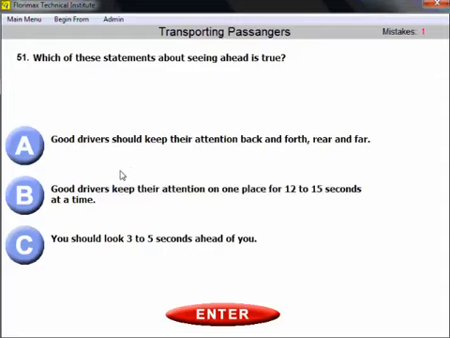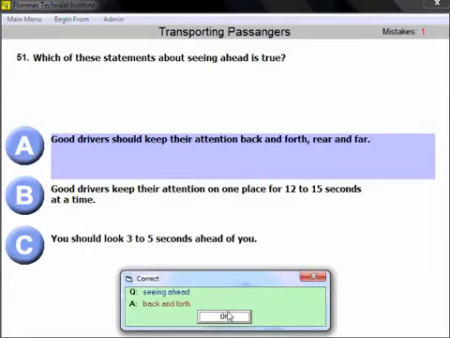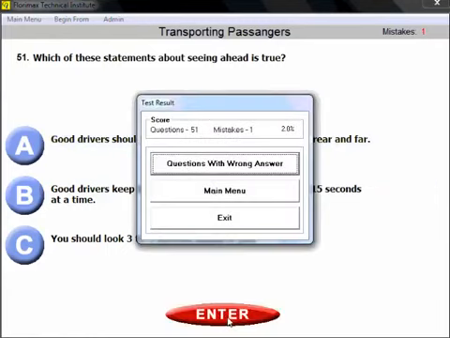In this particular question, the right answer is A. As a good driver, you should keep your attention back and forth, rear and far. Check your mirrors, check inside of your bus, check outside of the bus, and that's what the good drivers do. Back and forth, rear and far.